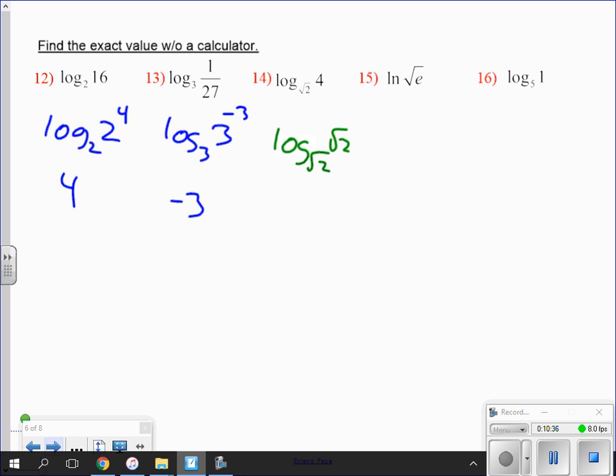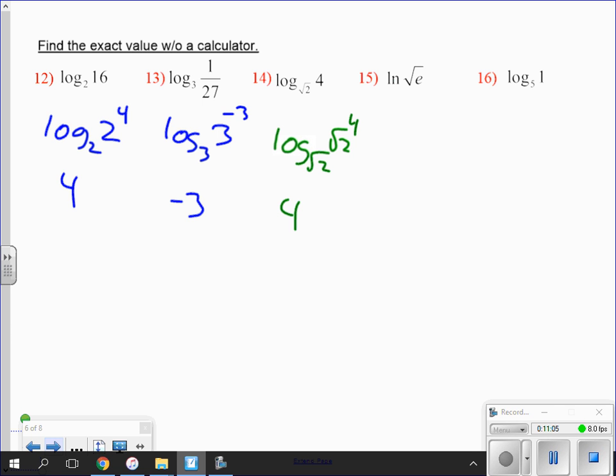What do I do to root 2 to get 2? I square root 2, right? So I would have to square that and square it again, which would give us the 4th power. Does that make sense? Root 2 times root 2 is 2. So I do that twice, multiply that together to get 4. Yeah, that would be to the 4th power. So this would be 4.